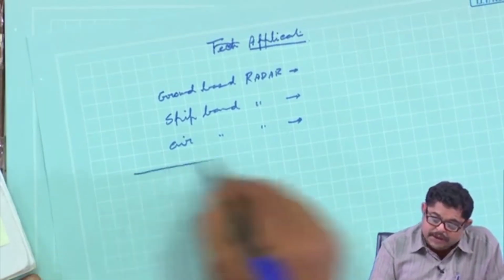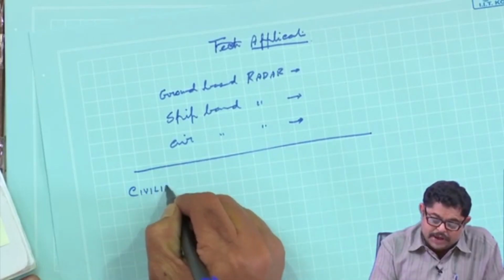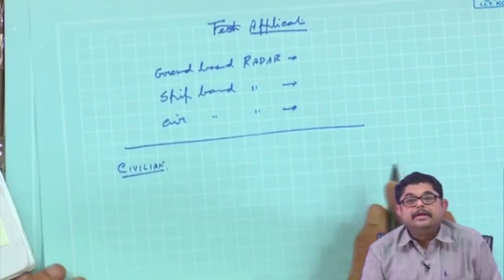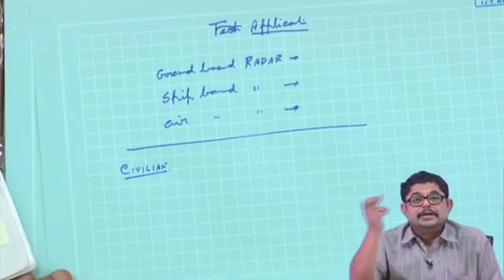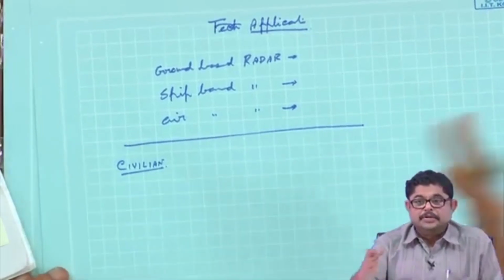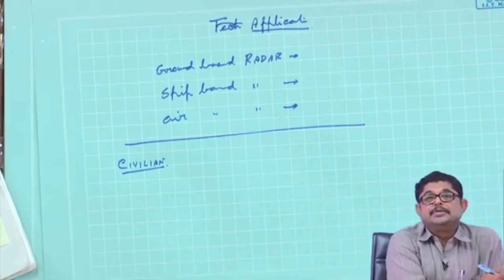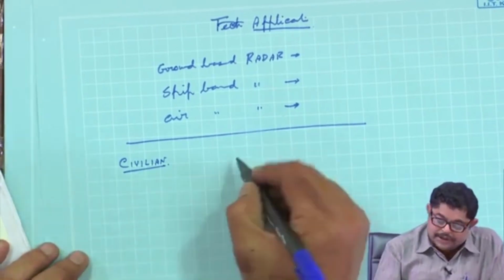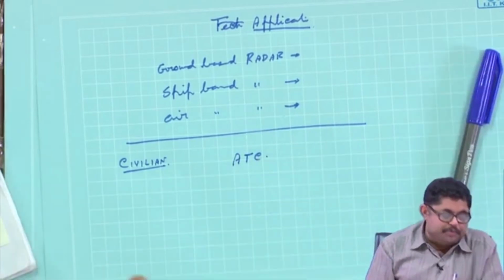One civilian application, which you always see if you go to an airport, is airport traffic control. The aircraft flying for our normal flights need traffic control, called ATC, air traffic control in airports.